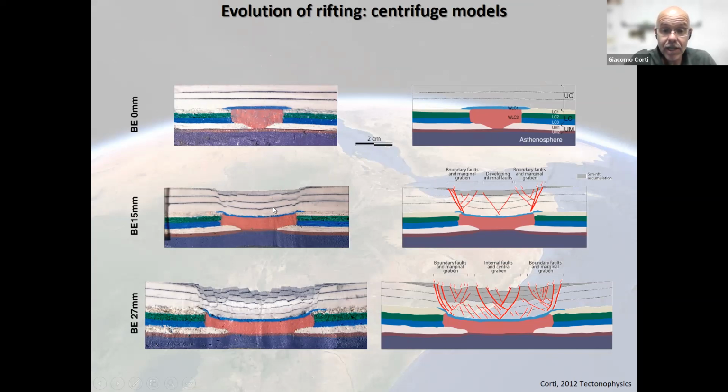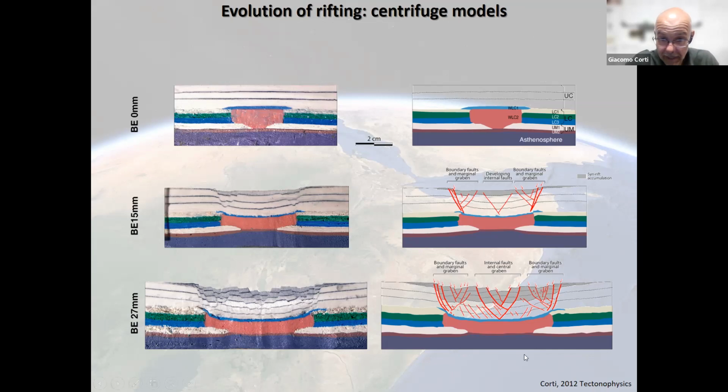In the initial stage, you can clearly see boundary faults in cross-section and marginal grabens with antithetic faults. So we have a couple of marginal grabens here. We have sediment accumulation in gray, and we only have developing internal faults, but no significant deformation visible at surface in this phase.